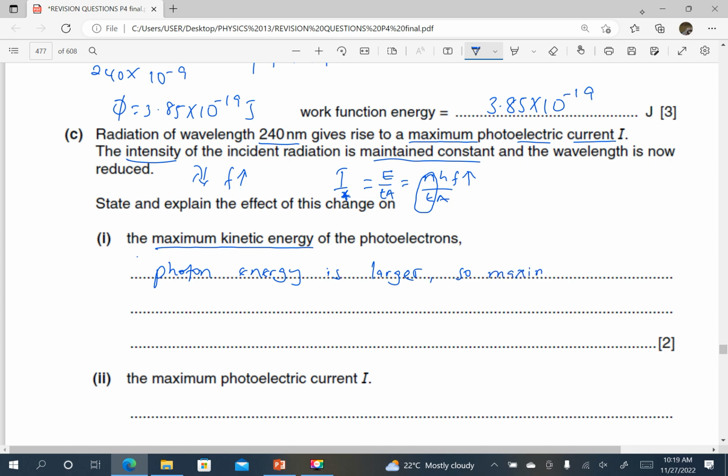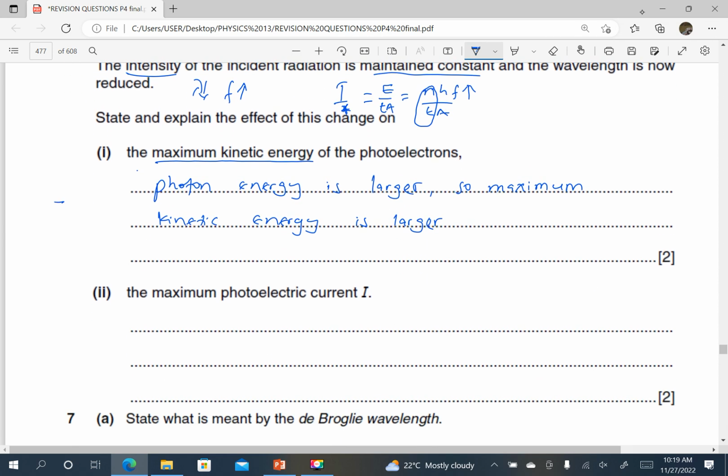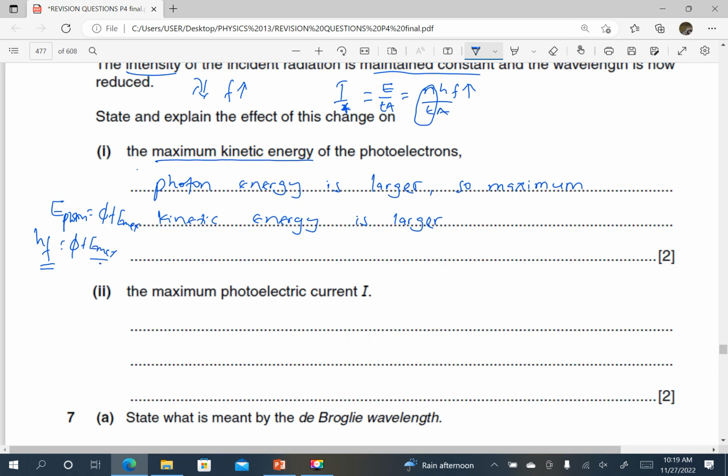Remember the energy of the photon is hf, which is equal to phi, the work function, plus maximum kinetic energy Emax. So if the frequency has been increased, Emax has been increased.